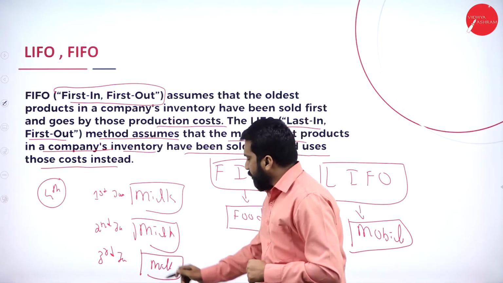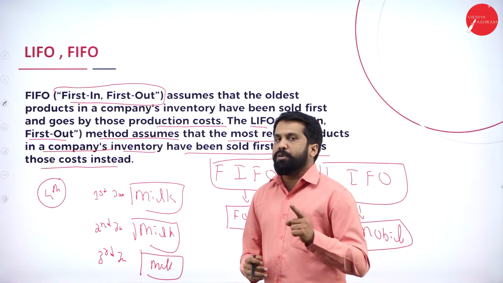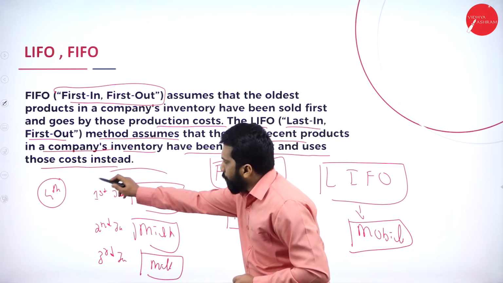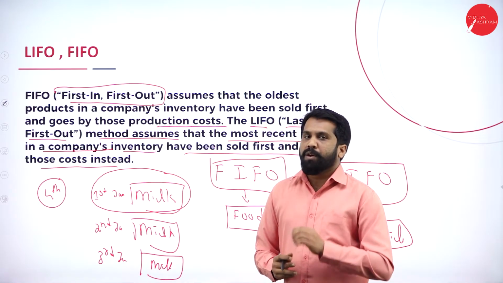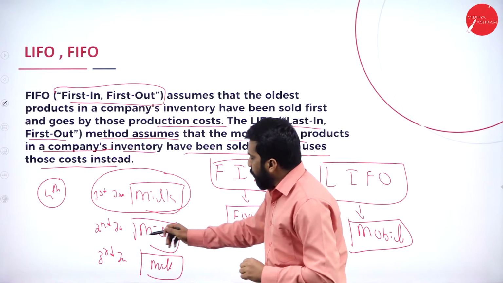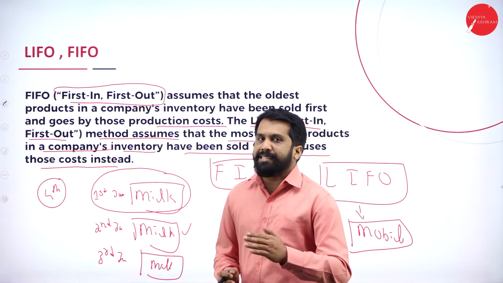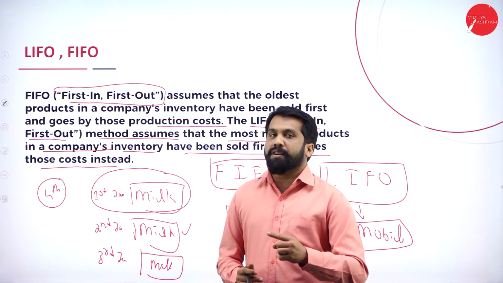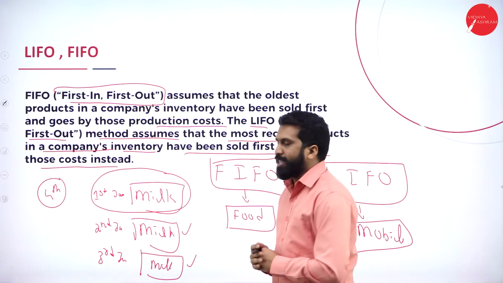Will you go for 3rd January or 1st January? Obviously, you will use whatever you bought on 1st January first. Once you're done with that, you will go for packet 2, bought on 2nd January. Then you will go for the last packet, bought on 3rd January.